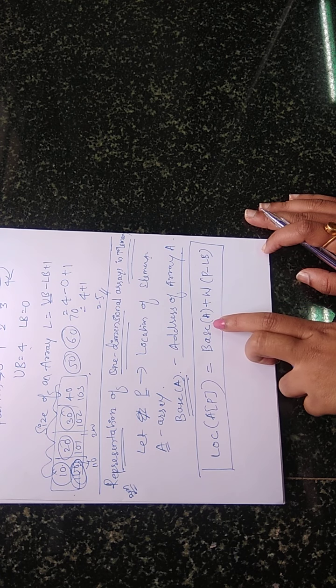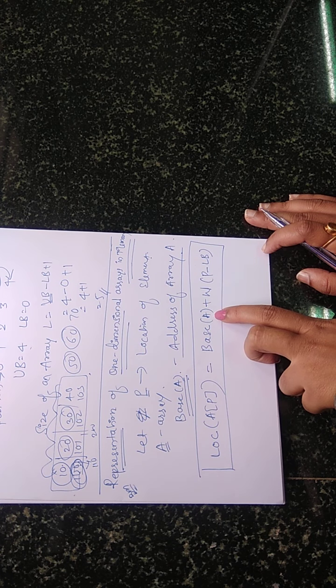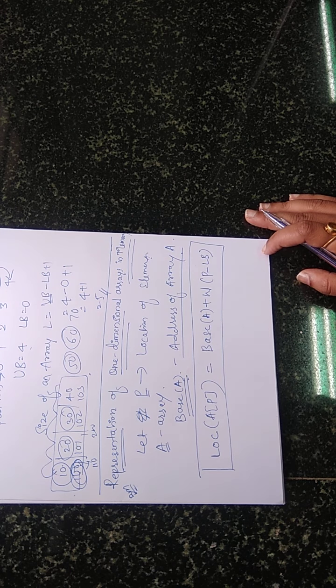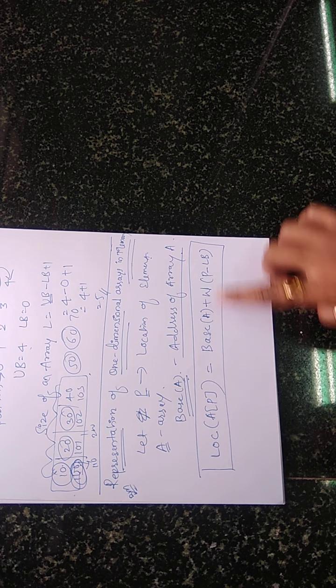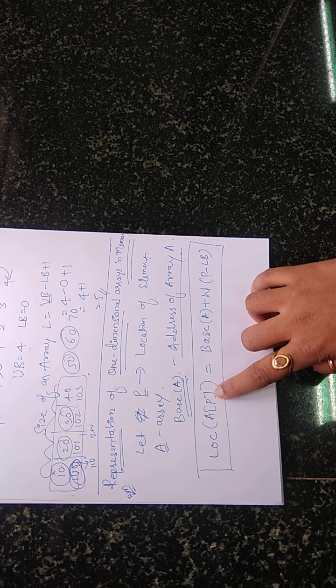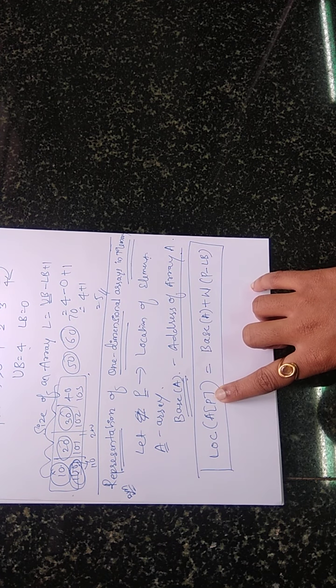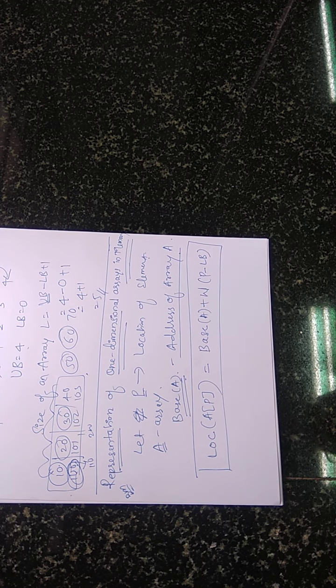Base of A means the first address of array A. W means how many words you are storing in each memory cell. P means the location of the element whose address you want to find. LB means your lower bound.